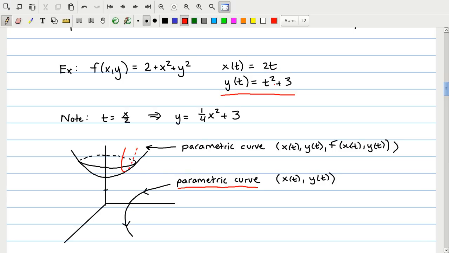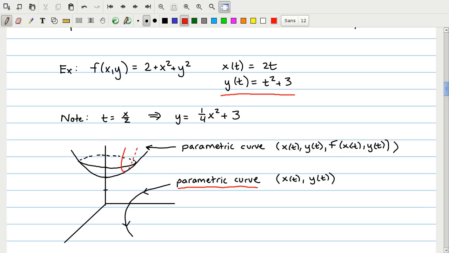Whereas y starts large for large negative t, and then as t gets close to 0, it reaches a minimum value of 3, and then it goes back out to large values again. So this actually traces a parabola in the xy plane.